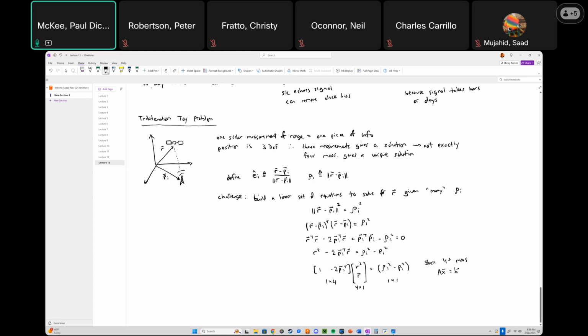In this case, we're assuming that the knowns are our positions, our measurements are the ranges, and what we want is r. And this r squared term is basically dead weight. We're not going to get away without estimating it. And this is a way to solve the problem. I'm sure there's other ways, but I'm curious, does this look kind of like what someone got to, or did someone get to something completely different?